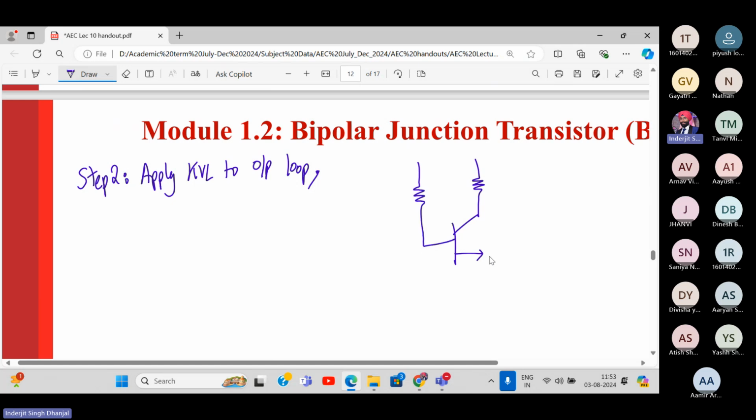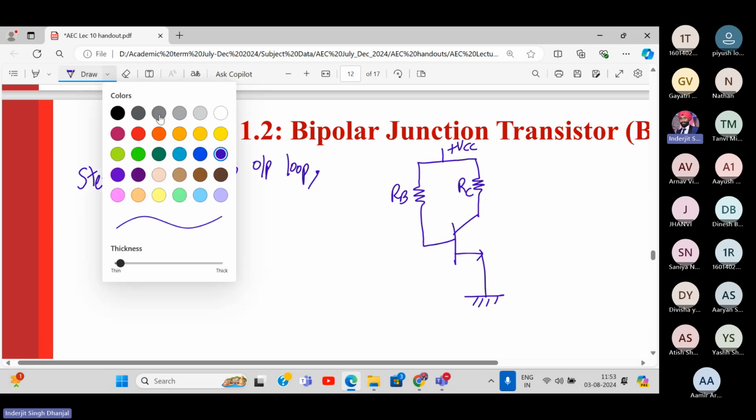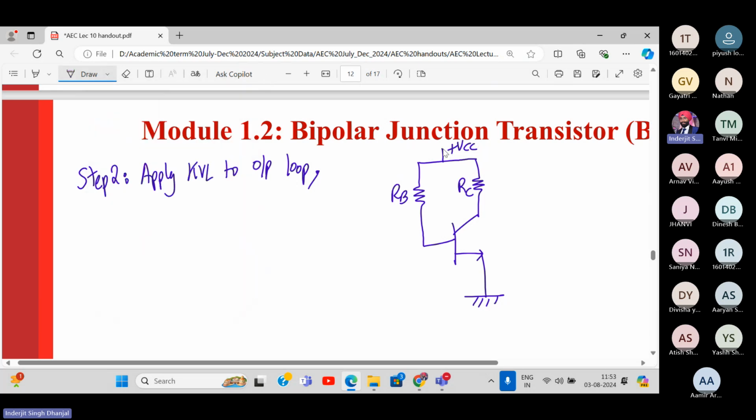So this was my circuit. And we are applying only single power supply, VCC. This was RB, this is RC. Okay. Now where is my output loop? Basically, this power supply is connected like this. I'm drawing in different colors so that you don't have to draw this. You have to understand that from now onwards, it will be like this. Here it is, the power supply, and the other terminal is ground.